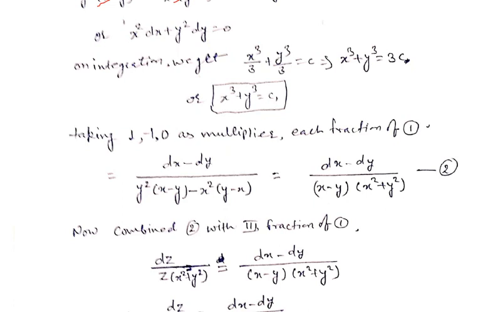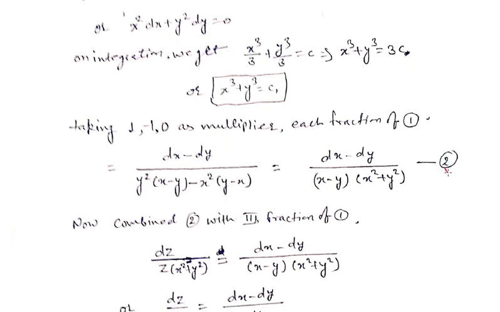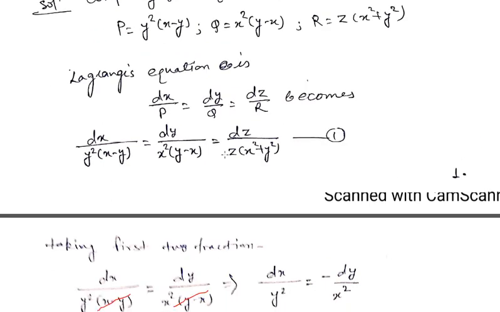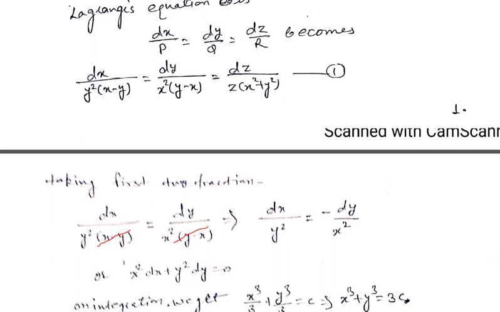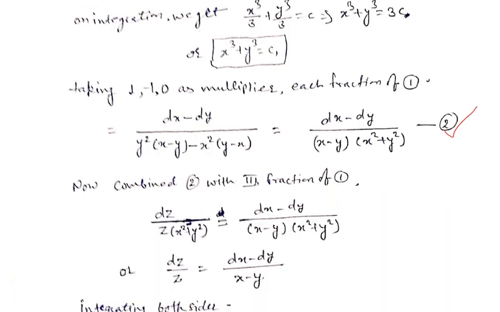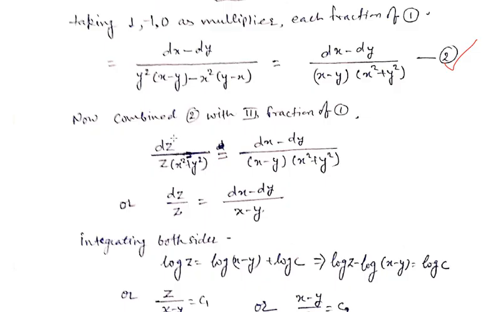Now we are to combine this fraction 2 with some fraction of equation 1. So let's choose the third fraction of equation 1 and combine it with the fraction from equation 2. So let's take dz upon z (x squared plus y squared) equals dx minus dy upon (x minus y)(x squared plus y squared).